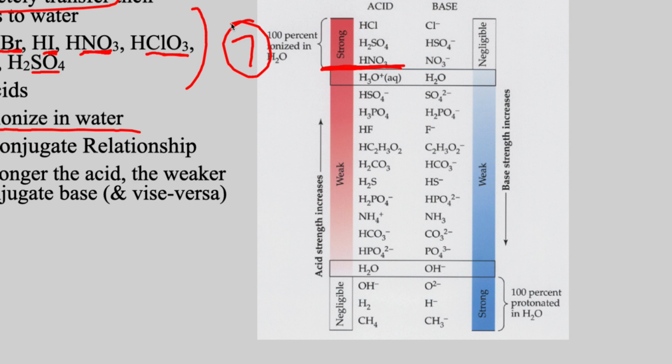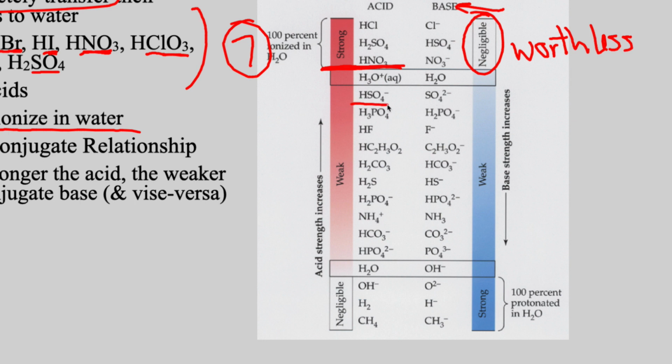In the right-hand column, we've got their conjugate bases. The idea is negligible, or the more illustrative term, worthless. So all of these strong acids have worthless conjugate bases. But then we have degrees of not worthlessness.